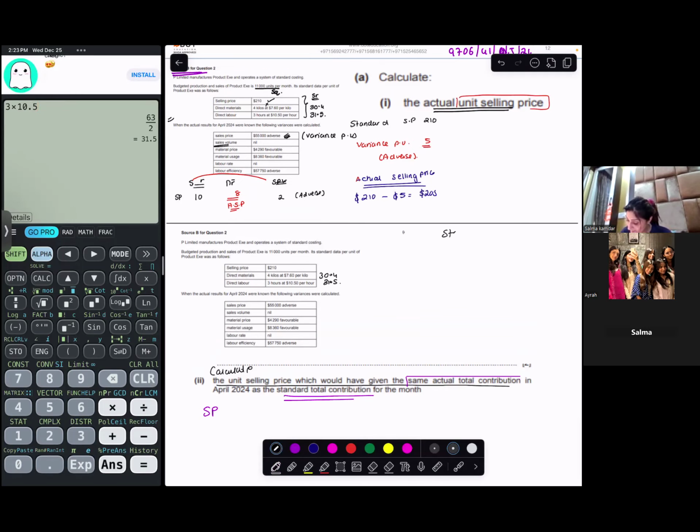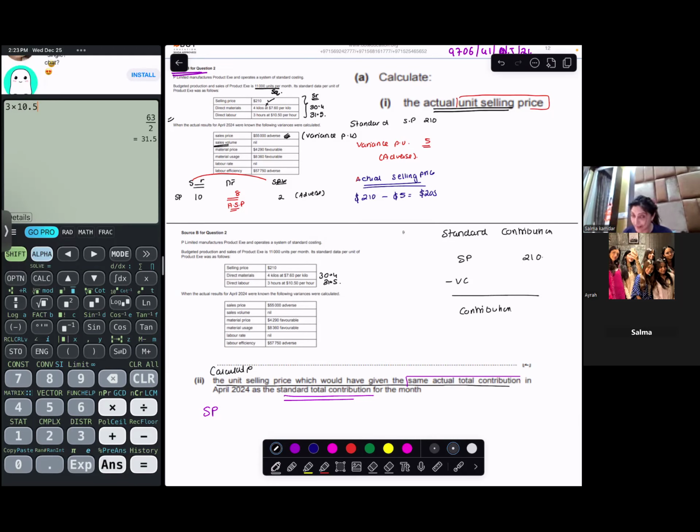210 minus 30.4 minus 31.5. So my standard contribution would be the selling price minus the variable cost. What is the standard selling price? 210.